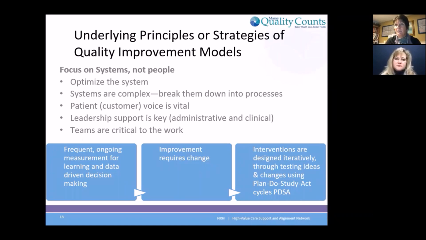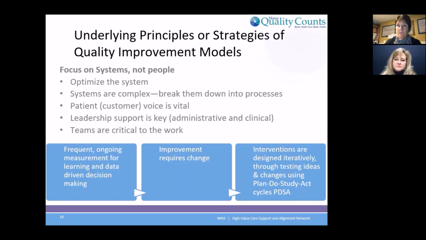So it's keeping that customer front and center. Leadership support is key. Jessica already mentioned that, and teams are, as she also mentioned, very critical to the work. So that's one thing that's common across all these models, and I like to look at the commonalities versus the differences. Is first of all, they focus on bad systems, not bad people.